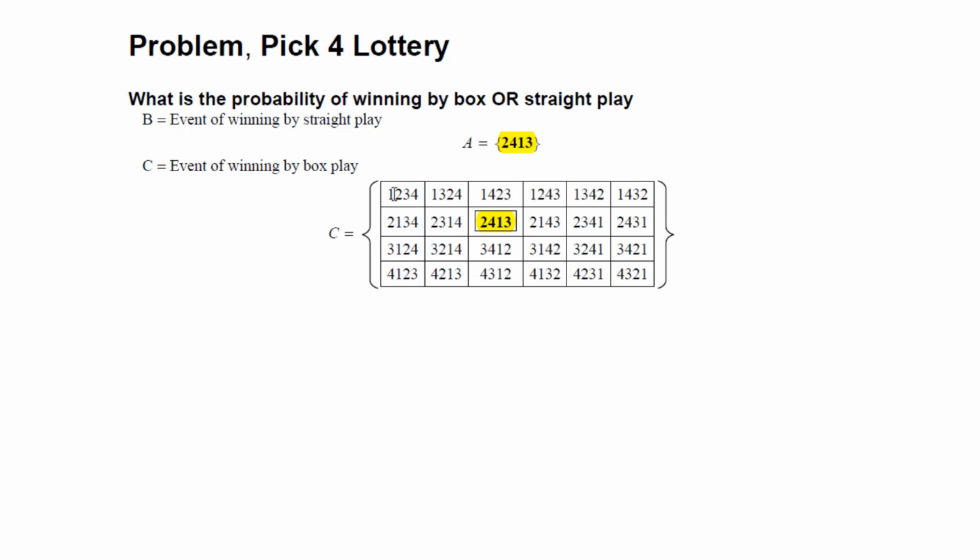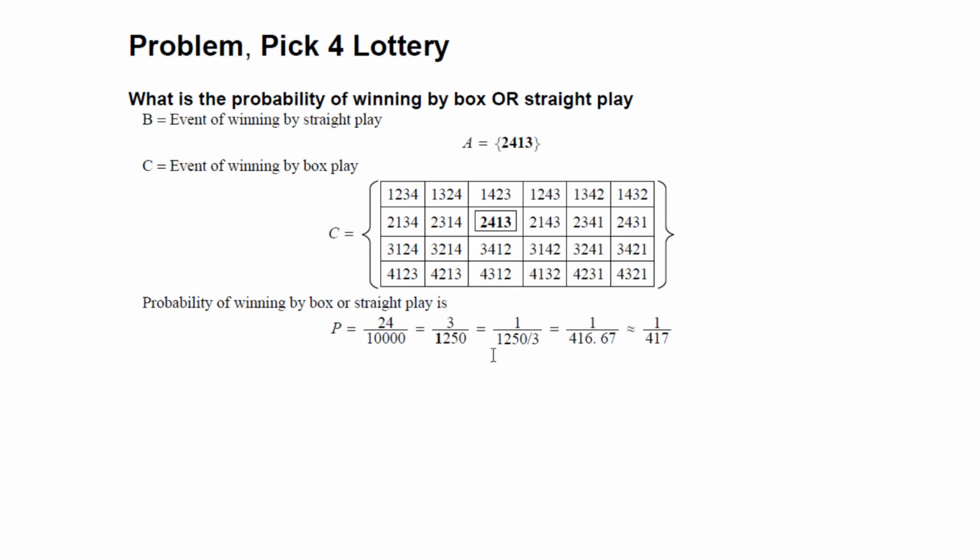We have 24, and there is 1 mutual element, so this element is not going to be counted twice. So we have virtually 24 elements. So probability is 24 divided by 10,000, and probability is 1 out of 417. So our odds is 1 in 417 trials.